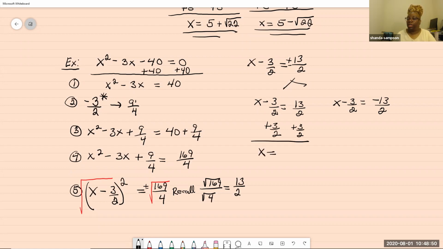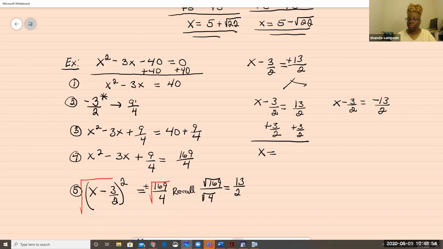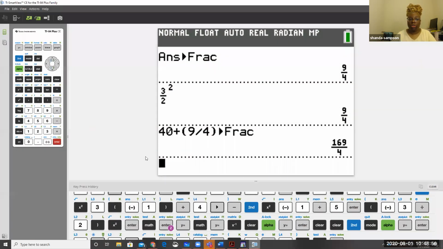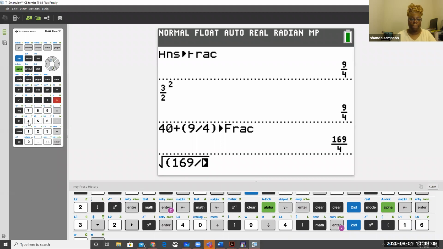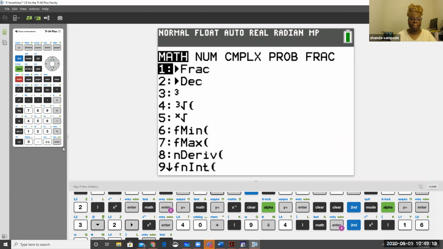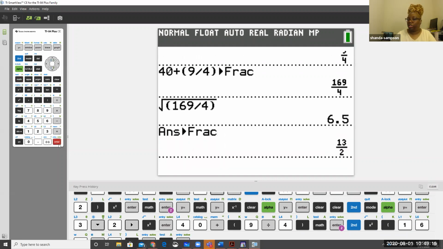X is equal to, again, if you didn't know the square root of 169 over 4, just a quick recall, you could have done your square root. I'm not even going to do fancy. I'm going to do 169 divided by 4. Right, 13 over 2.